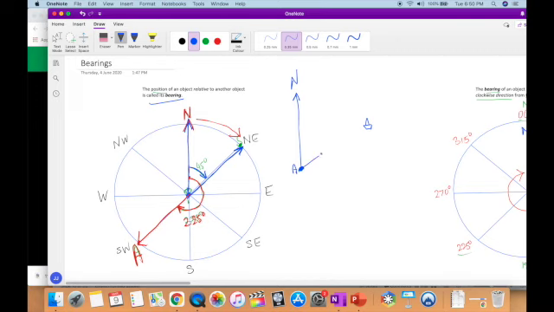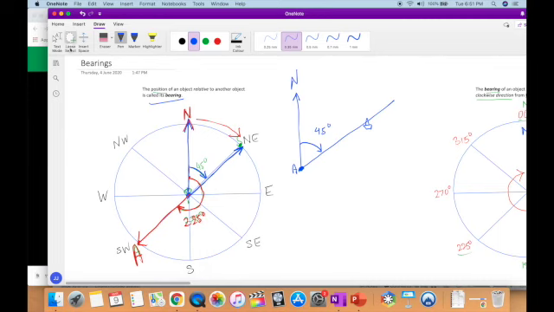Well, we draw a line to that boat and from the north line, we always measure clockwise. Is that clockwise? Yeah, that's clockwise. And we have an angle here. So the bearing of that boat is a bearing of 45 degrees.